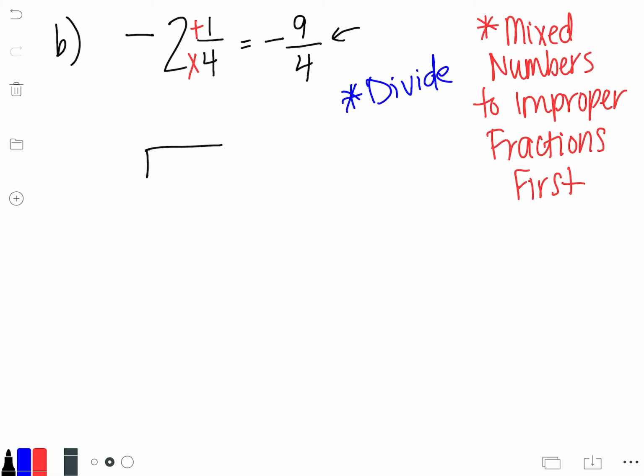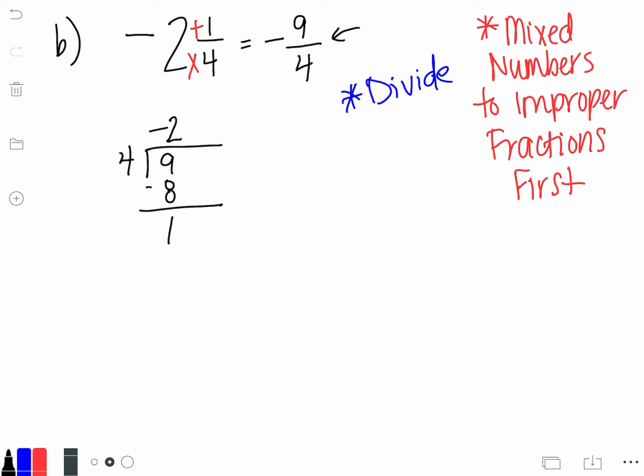So this ends up being 9 divided by 4. Be careful because since it's a negative mixed number and a negative improper fraction, it's automatically going to be a negative answer when you divide. Don't forget that negative sign or it's completely wrong. So 4 goes into 9 2 times. 4 times 2 is 8 with a difference of 1.